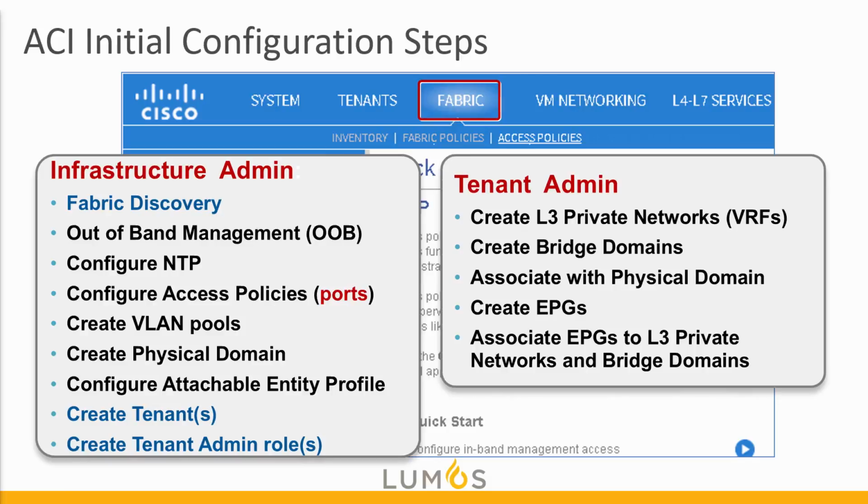If we had multiple different administrators administrating the ACI fabric, the infrastructure admin would be responsible for the Fabric tab, and they would do things like fabric discovery, out-of-band management setup, configure NTP, configure the access policies for interfaces or ports, tie those to switches, create VLAN pools, create physical or virtual machine domains, configure the AEP, and then they would probably create the tenant and the tenant admin roles or role-based access control, RBAC.